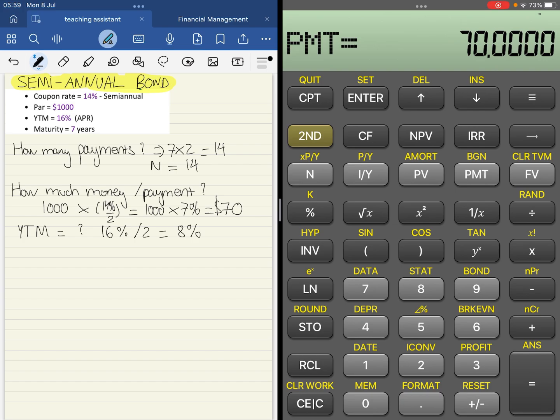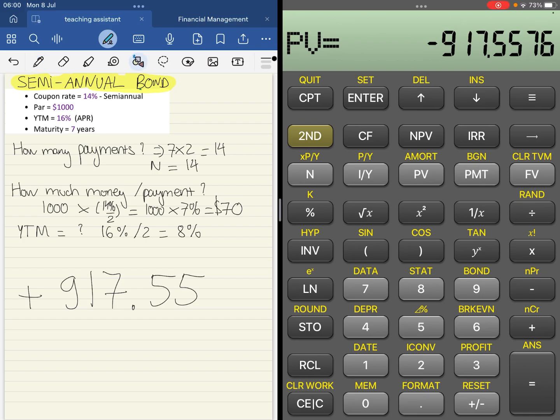The future value will still be $1,000 because at the end of the day, we're still going to receive the face value. So 1000 FV. Now we need to compute the PV. So CPT and PV. The final answer is 917.55. So this is going to be the price of this semi-annually paid bond.